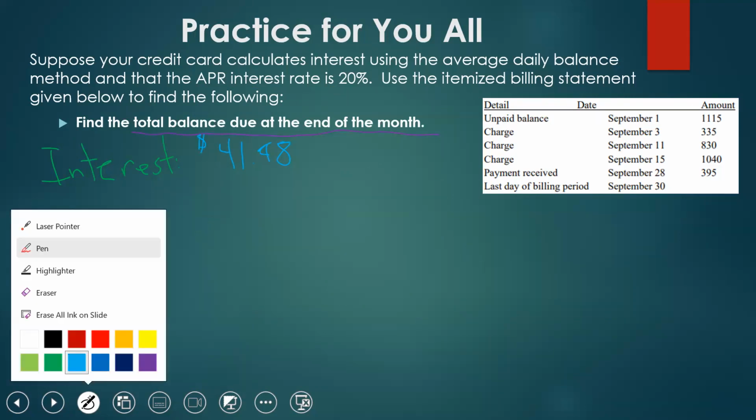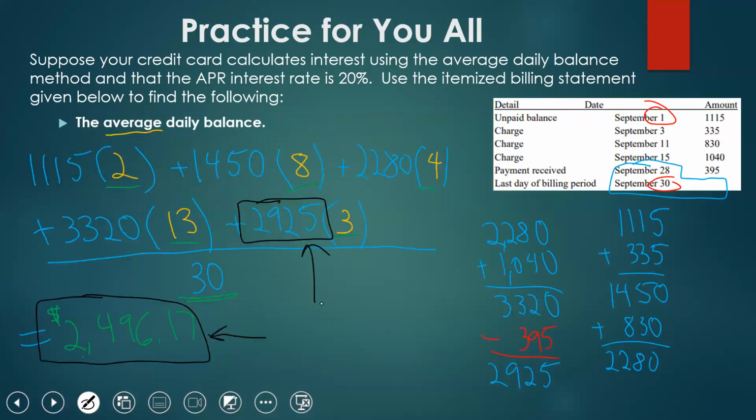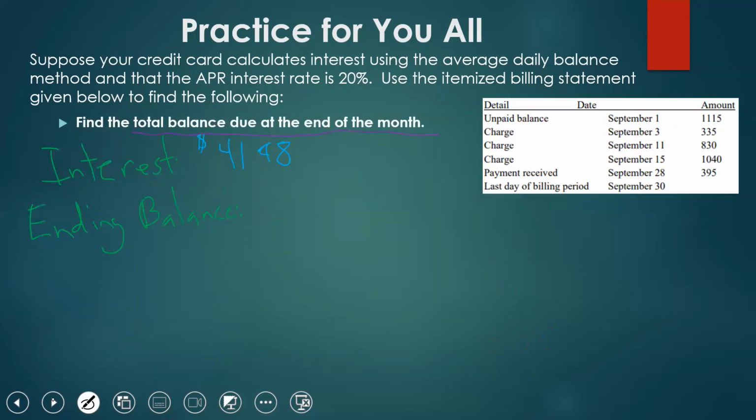And then we also need the ending balance for the month. And notice that I'm not going to use the average daily balance here. We're going to use the ending balance, which if I go back a couple slides, remember that was this number here, this 2,925. So we need that number, 2,925.